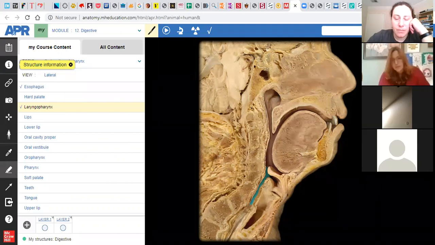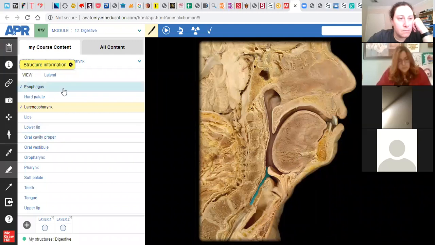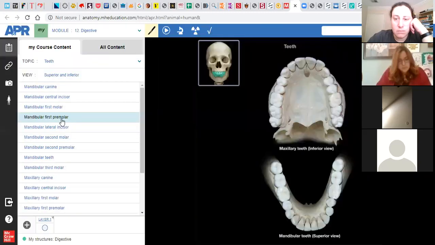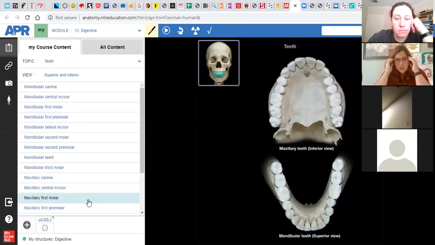And for the teeth, can you show me what kind of diagram you're going to use? So for the teeth, I was just going to use this teeth one. Just know where the canines and premolars are, which is pretty simple.